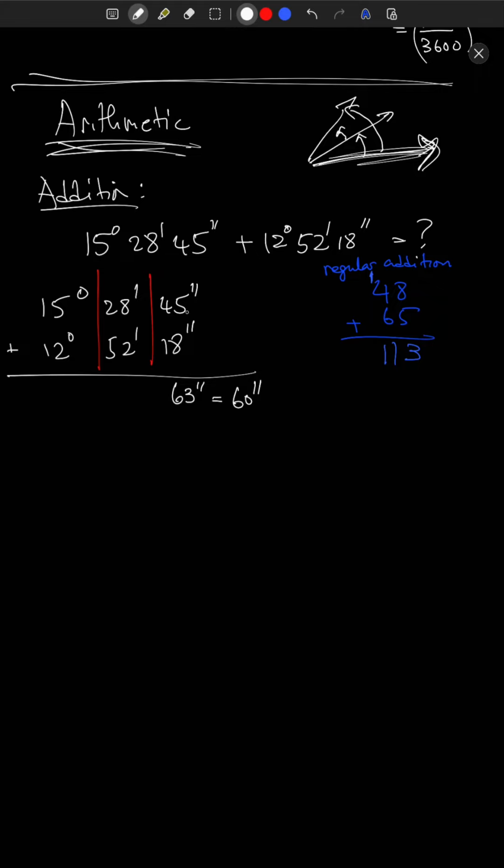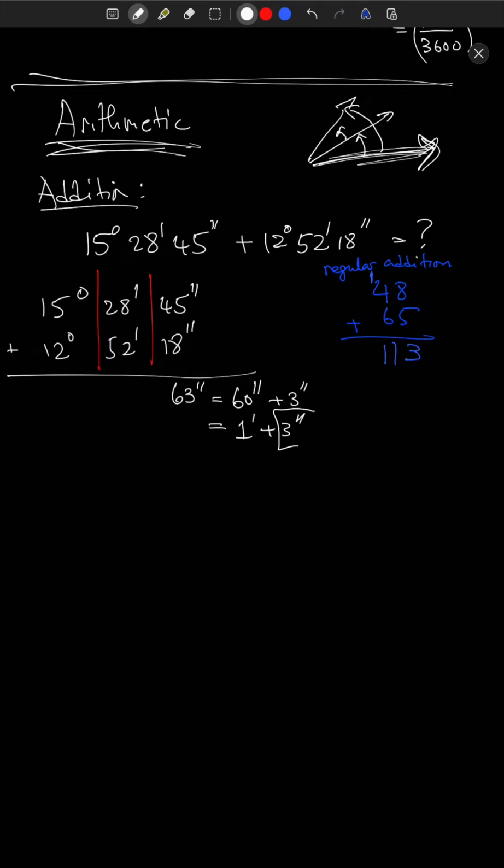I've been saying minutes, seconds. 45 seconds, 18 seconds gives me 63 seconds, right? And instead of saying 63 seconds, we like to say 1 minute and 3 seconds. Okay? And so we can rewrite this as 60 plus 3 seconds, but 60 seconds is 1 minute plus 3 seconds. All right, so ultimately this 45 plus 18 seconds is 1 minute and 3 seconds, right?